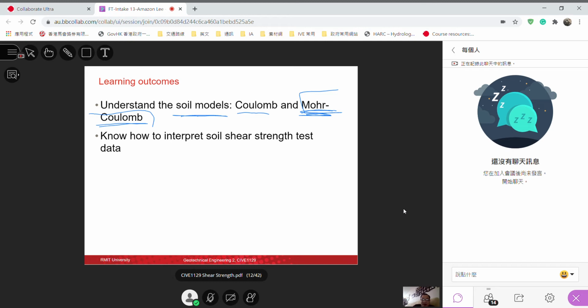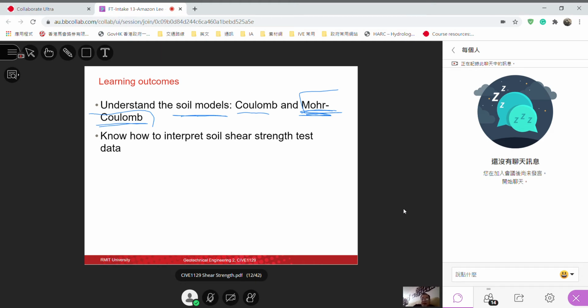Basically, all undergraduate civil engineering students have to learn the Mohr-Coulomb failure criteria to model the strength of the soil. But of course, when you go to more advanced study, you will know that the Mohr-Coulomb failure criteria is actually quite too simple, and we may have to use a more sophisticated soil model.